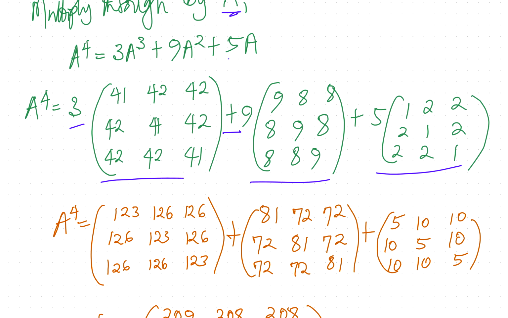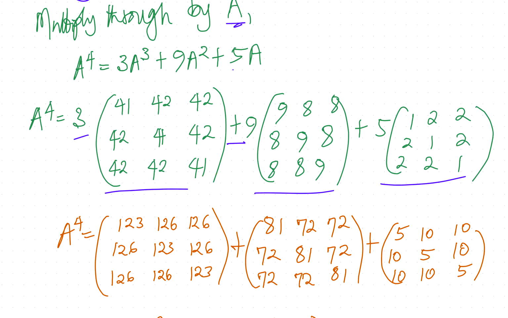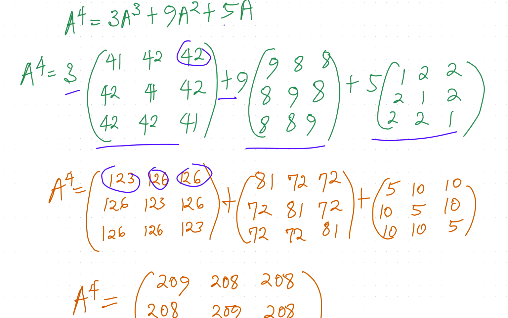So 3 times all this now: 3 times 41 is 123, 3 times 42 is 126, another 126 because it's 3 times 42 here. Then 9 times 9 is 81, 9 times 8 is 72, 9 times 8 is 72. Everything goes on like that. Then 5 times 2 is 10, 5 times 1 is 5.